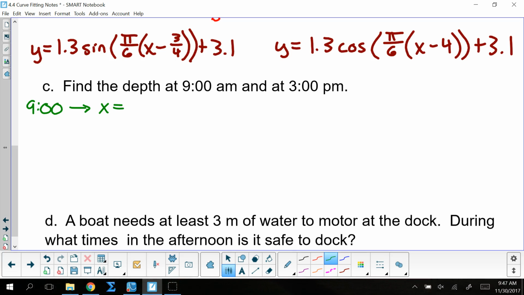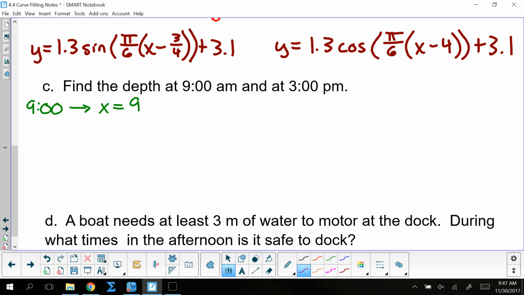Yeah, trick question. No. Because midnight was 0, 4 a.m. was 4, 10 a.m. was 10, so 9 a.m. is 9. Okay?